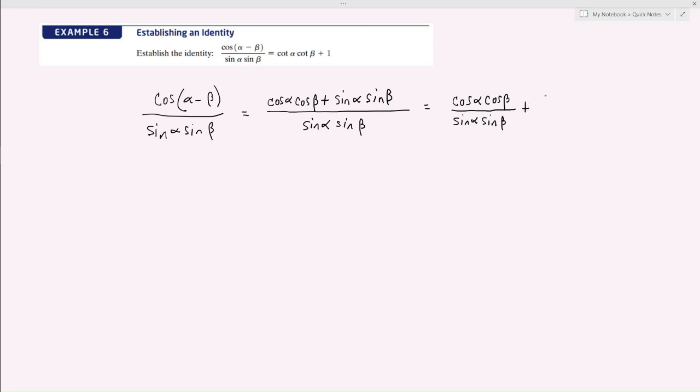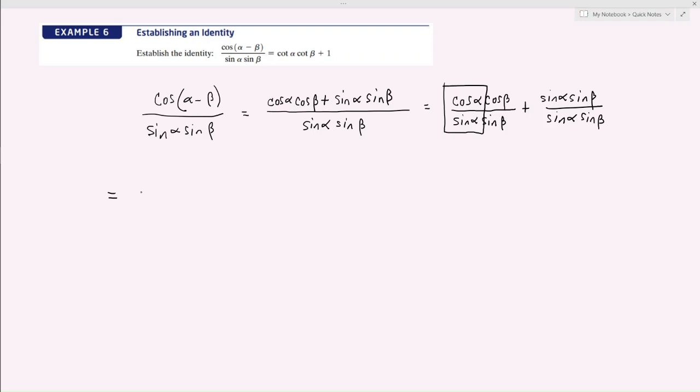Plus sine alpha sine beta over the same thing, sine alpha sine beta. Okay, so that's where we're going to get our 1. But this, if we think about it, the cosine alpha over the sine alpha is the inverse of the tangent, or what we call the cotangent.